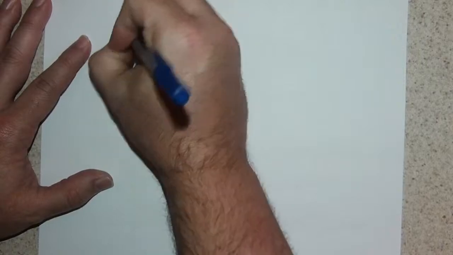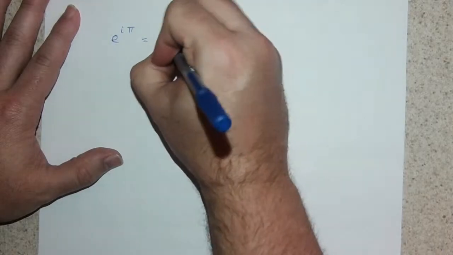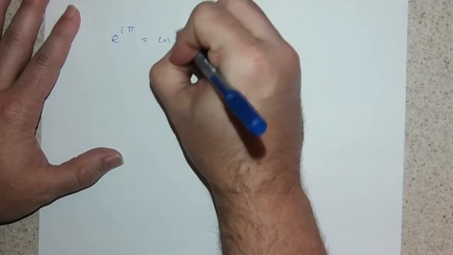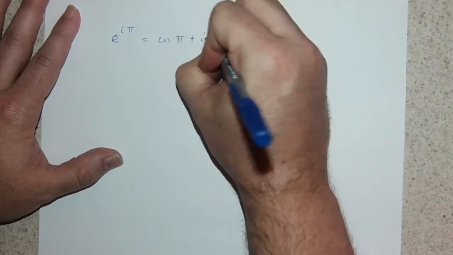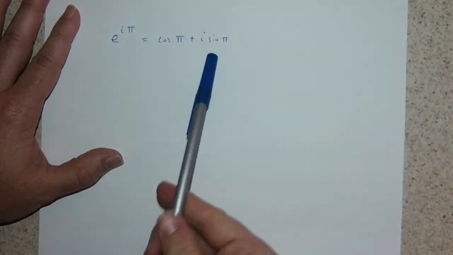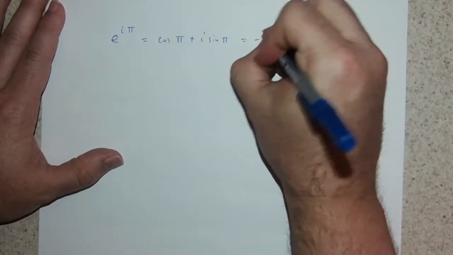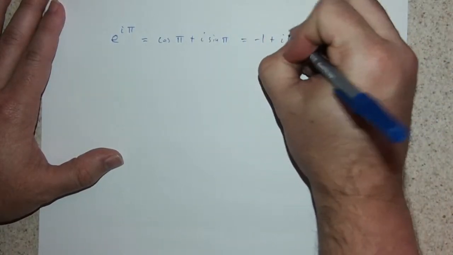So for instance, the most famous thing that you might notice is e to the i pi, right? e to the i pi is cosine of pi plus i sine of pi. Sine of pi is 0, so this is minus 1 plus i times 0.